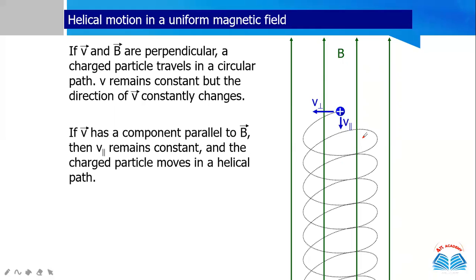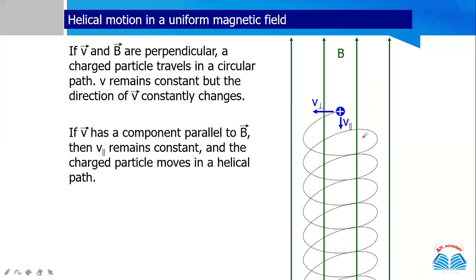If V and B are perpendicular, a charged particle travels in a circular path. We know this now. Velocity magnitude remains constant, but the direction of velocity is changing.